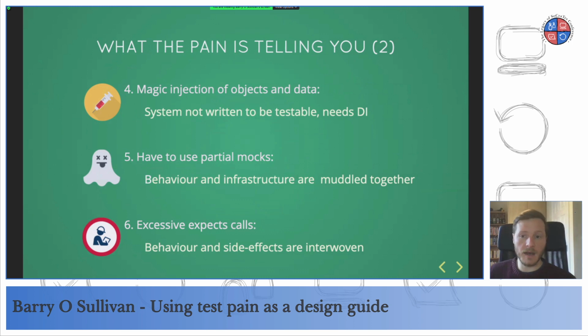And finally, excessive expect calls. This happens when you have lots of side effects, i.e. code that does something but returns nothing, mixed into your behavior. The solution here is to separate them. Have your behavior that figures out what to do and manipulates data, then your side effects in their own self-contained section. Side effects should happen at the end of behavioral chains, not in the middle of them. So this is just about giving you a hint about where you should move your code.